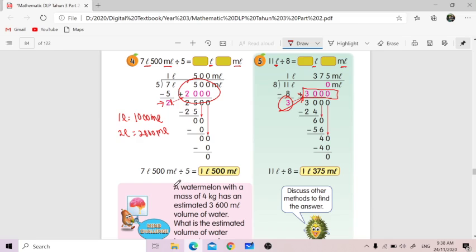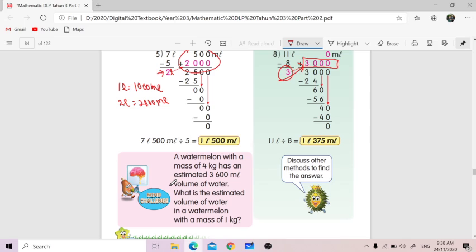A watermelon with a mass of 4 kilogram has an estimated 3600 ml volume of water. What is the estimated volume of water in a watermelon with a mass of 1 kilogram? Okay.